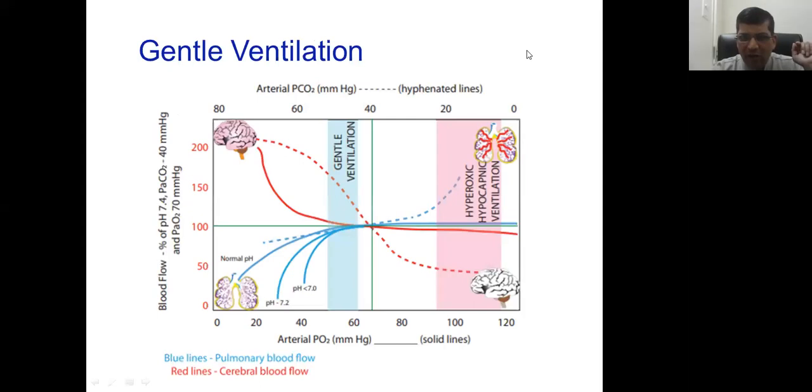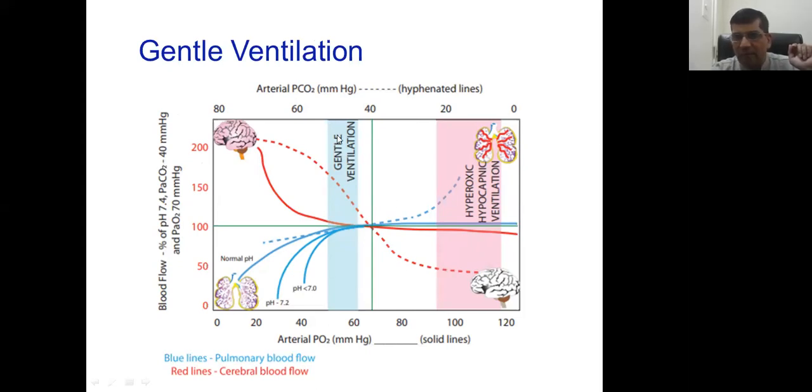What do we want? We want ventilation here. Here you could see the blood flow. Here you could see the PO2 and the PCO2. You don't want hyperoxia, you don't want hypocapnia, and you don't want high ventilation, because both of them will affect your pulmonary blood flow as well as cerebral blood flow.